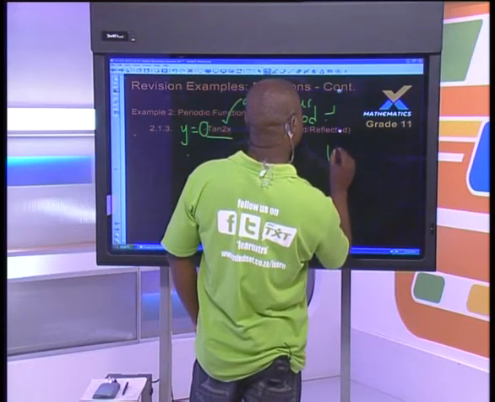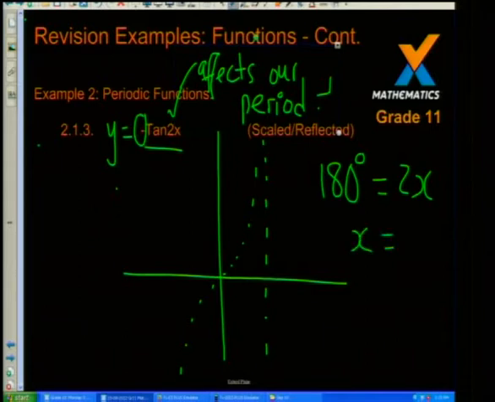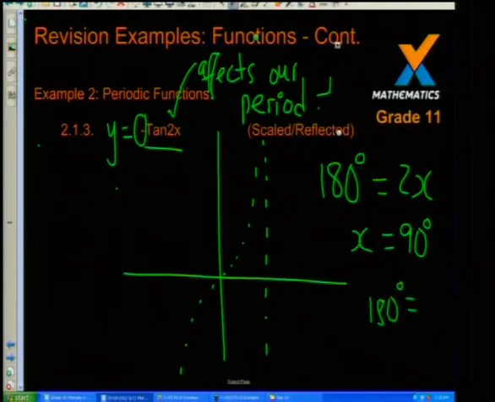If your period is 180 degrees, it is going to be equal to 2x at the end, and you're going to have x equals 90 degrees as your new period. Initially, we had 180 equal to x. So x was the period.